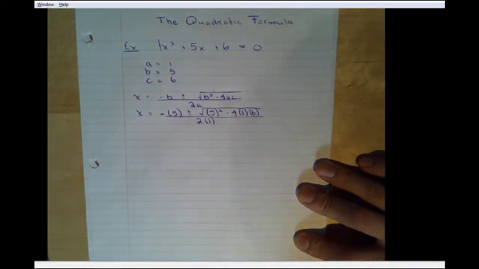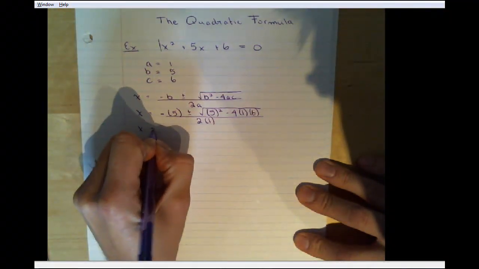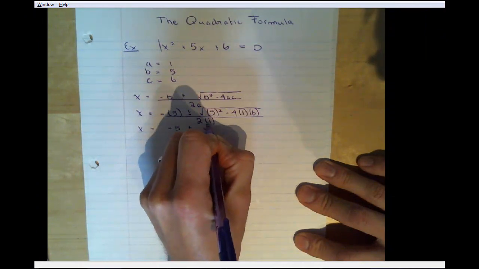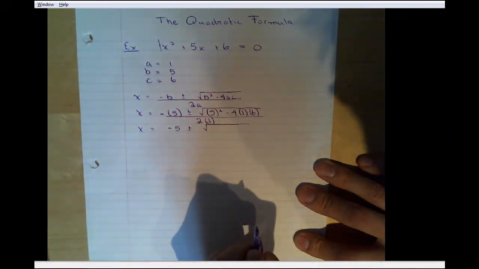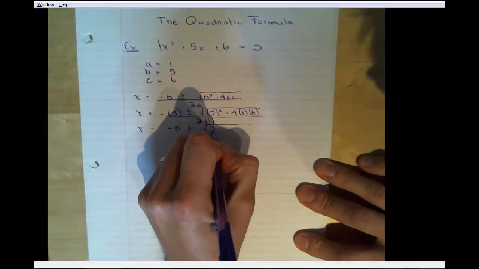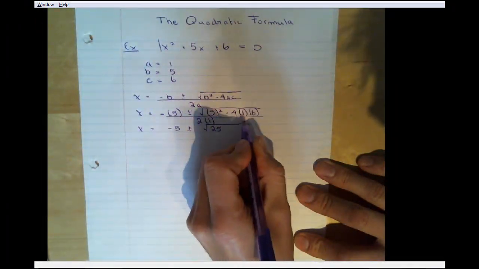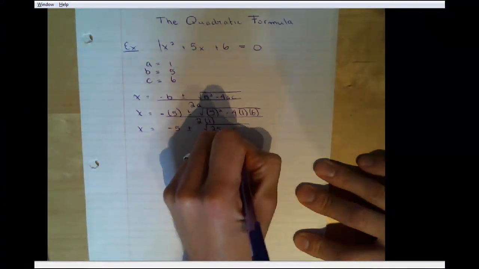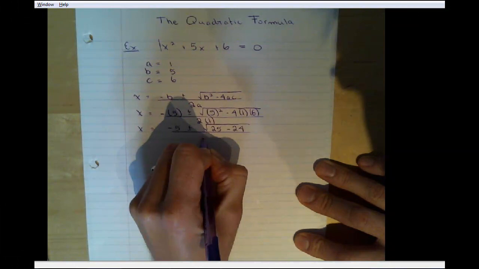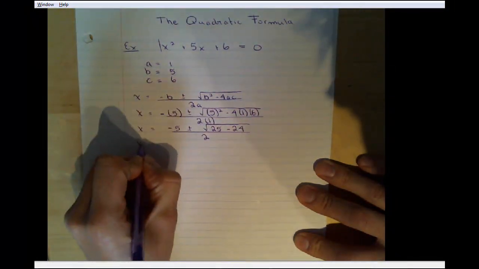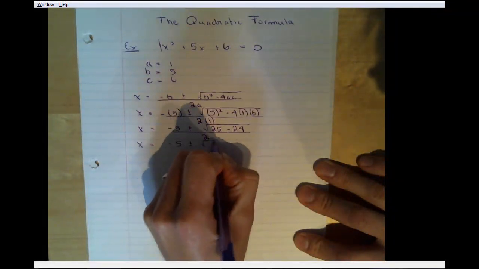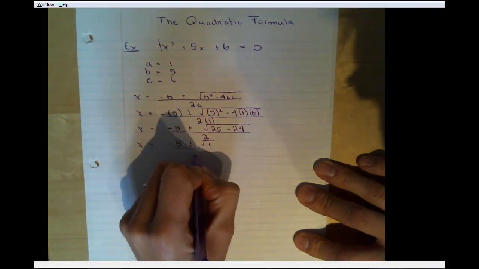Okay? So that's minus 5 plus or minus, what is that? 5 squared is 25. Minus 4 times 1 times 6, it's minus 24. Okay? Over 2. So that's minus 5 plus or minus the square root of 1 over 2.